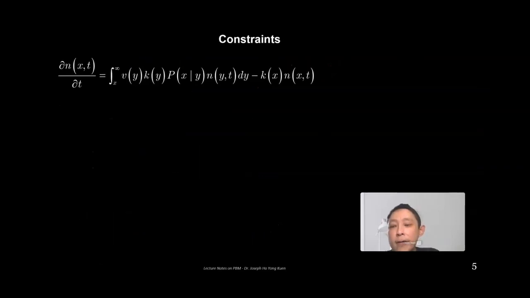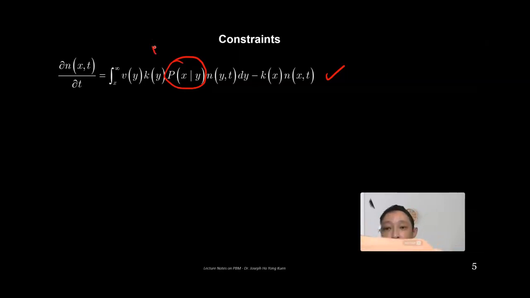Now, I want to talk about one of the most important things to consider when solving or implementing population balance modeling, which is the constraint that we must strictly obey when solving this system. So this is the population balance equation that we have, and one of the most important things in this equation that will define your system is this term here, your probability density function.